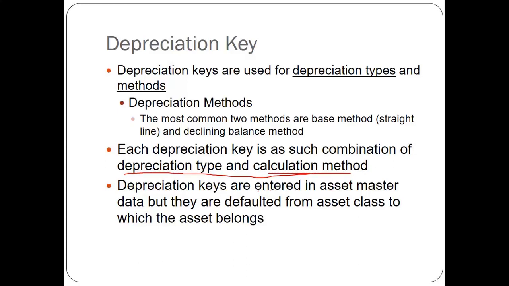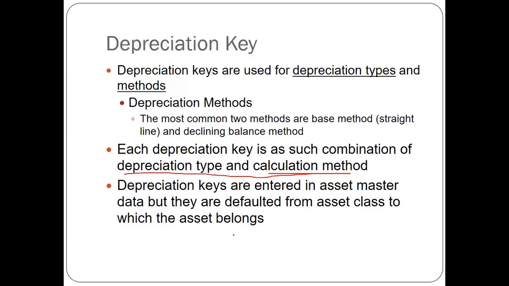Depreciation keys are entered in the asset master record data, but they are defaulted from the asset class to which the asset belongs. Since all these similar assets are depreciated on a similar basis, it is not wise to assign a depreciation key to each individual asset. It can increase our workload. So what we do is assign the depreciation keys to different asset classes.